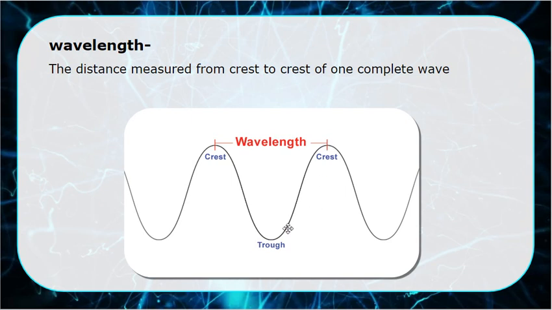But if we measured from trough to trough, wouldn't it be the exact same measurement? Well, yeah, it would. What if we measured from midpoint to midpoint? Would that be the exact same measurement? Yes, it would. But technically we're going from crest to crest.